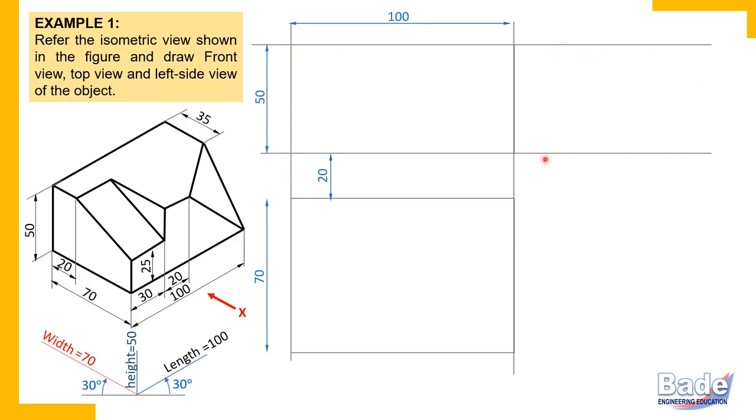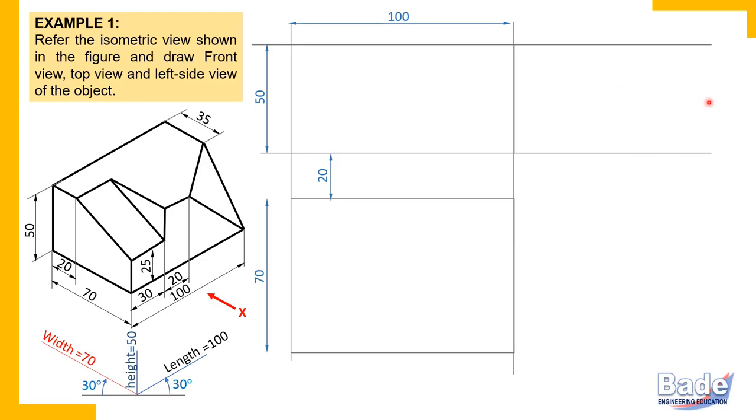Now these two horizontal lines are called end projectors, because these two lines are from the top end and bottom end of the front view. So front view to side view end projectors are horizontal.